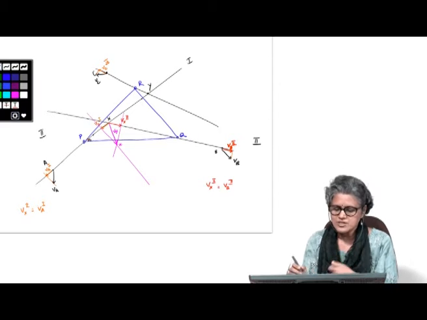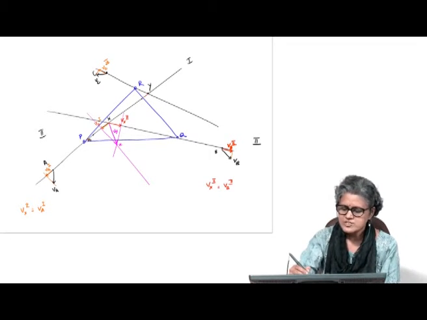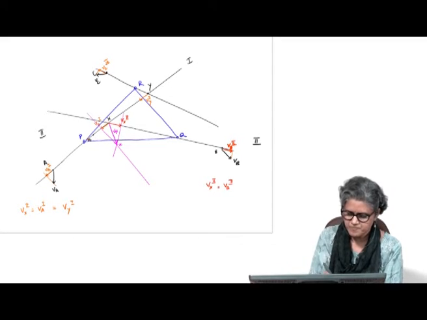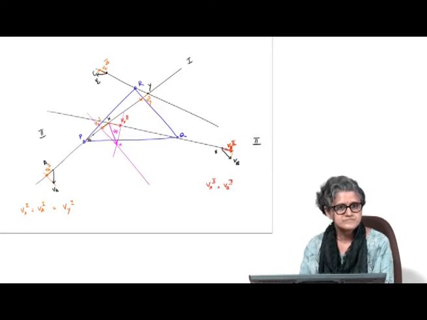Now we look at the velocity of y. One component, along 1, is the same as the velocity of A along 1.